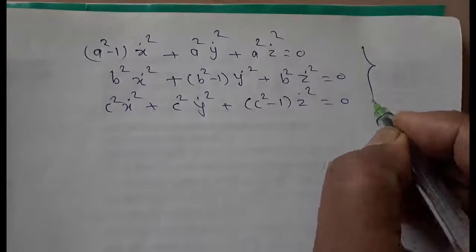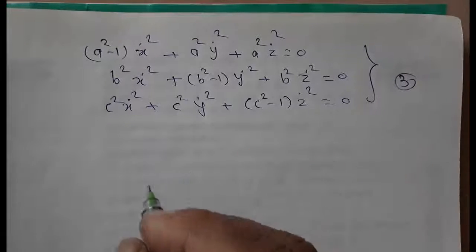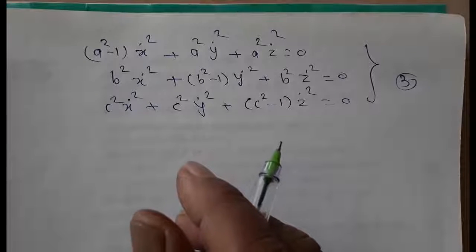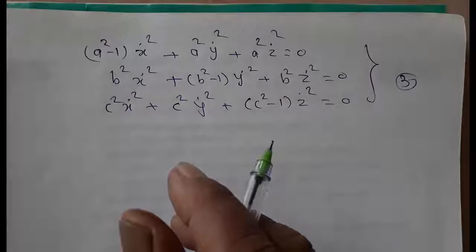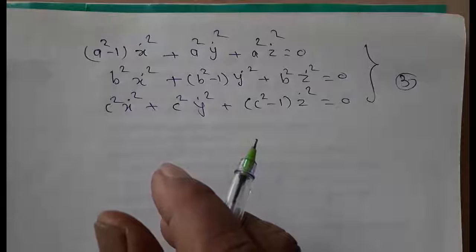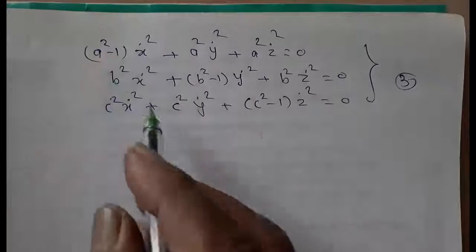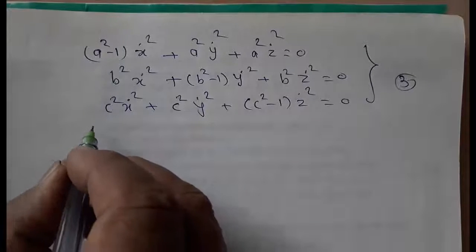This is the set of three equations we can obtain from dou f by dou xi dot equal to xi dot by f and dou f by dou xi equal to 0 in the Euler-Lagrange differential equation.